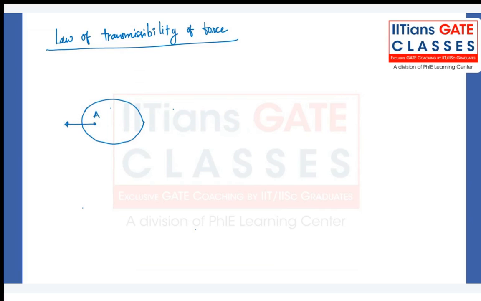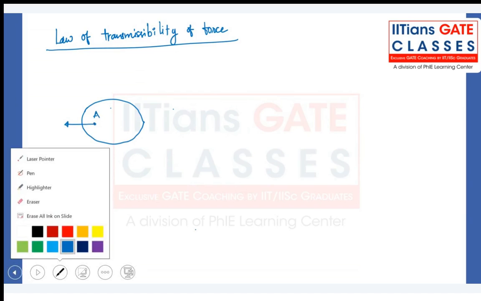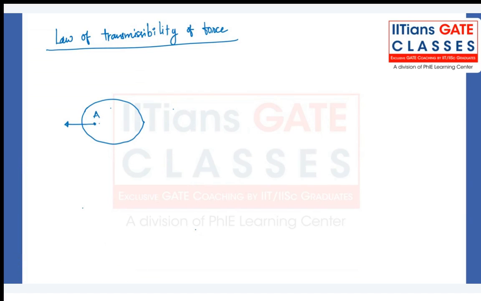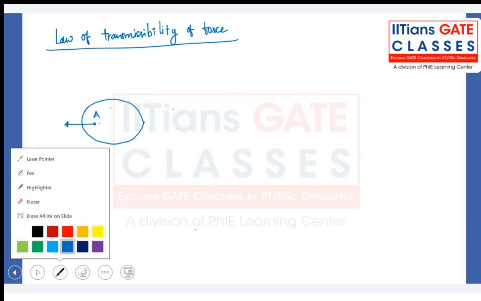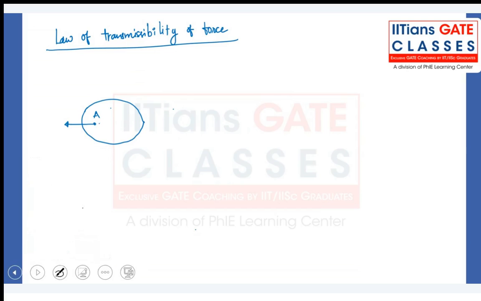So if I draw a line which is passing through this force, this red line indicates the line of action. So let's call this the line of action. So I'll repeat the statement, you can write it down.